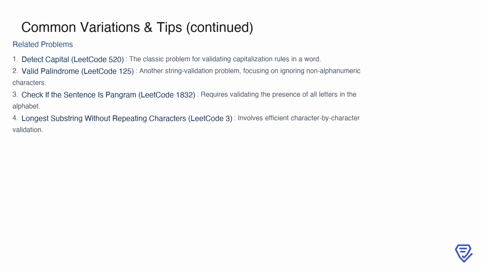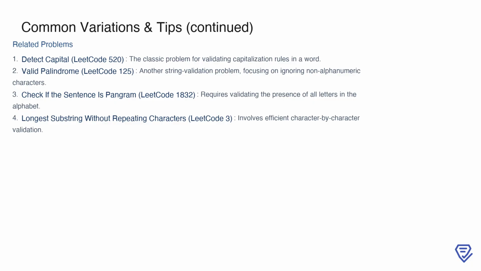To strengthen your understanding of string validation problems, it's useful to explore related problems. For example, Detect Capital, which we're discussing, is the classic example of validating capitalization rules in a word. Another interesting problem is Valid Palindrome, where you focus on ignoring non-alphanumeric characters to determine if a string reads the same backward as forward.